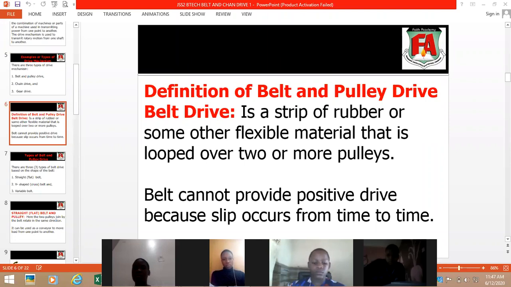The point where you put the belt is called the pulley. Did you get the difference between pulley and belt now?